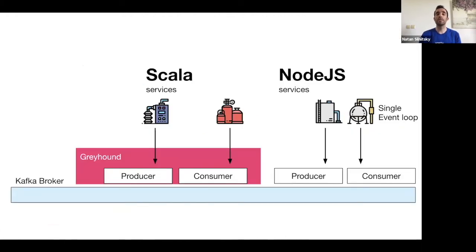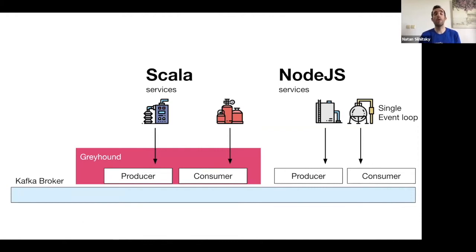So we have the Scala and Node.js services side by side. And we have Greyhound for Scala. And for Node.js, we used to have a Node.js specific Kafka library, which produced and consumed. But it's not the same as having the standard JVM library for Kafka.